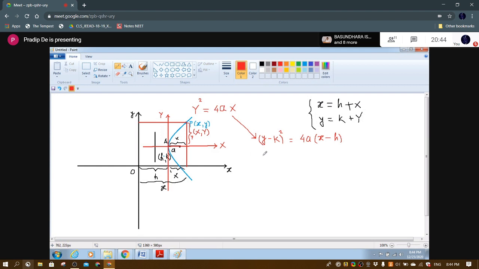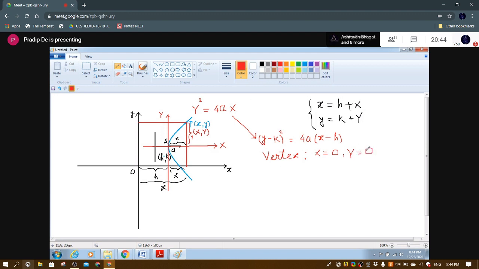Where is the vertex? Vertex means X equal to 0, Y equal to 0, because the vertex is at 0, 0.